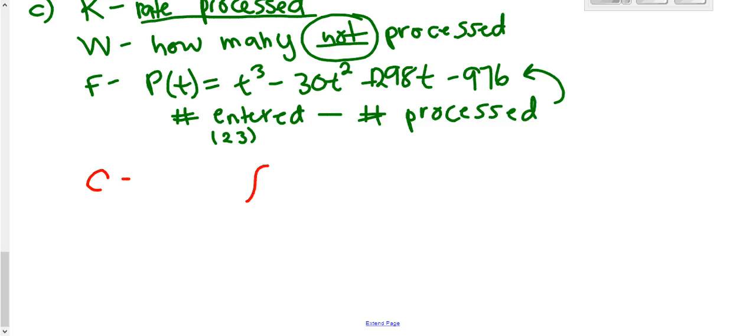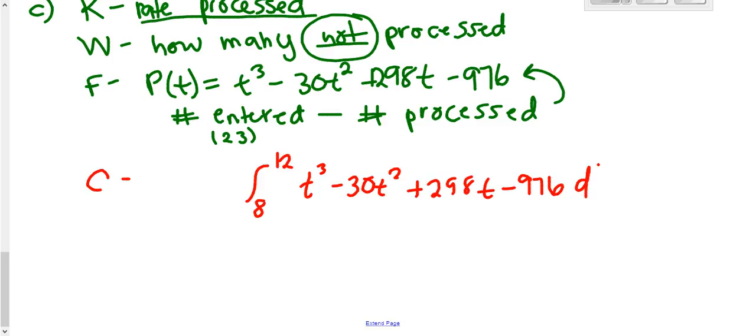So we're going to integrate, from 8 to 12, t cubed minus 30 t squared plus 298 t minus 976 dt. This is where our notation really matters. We're going to subtract that from 23 because 2,300 entries were entered, and this equation is in hundreds per hour.